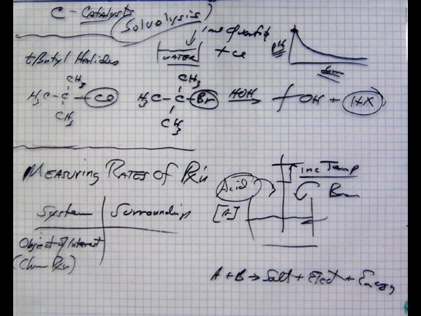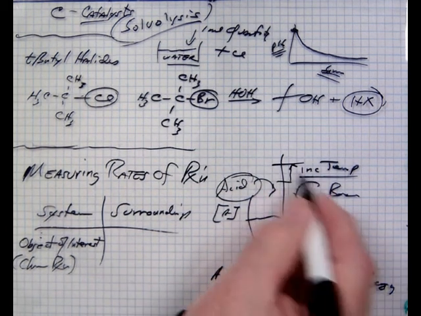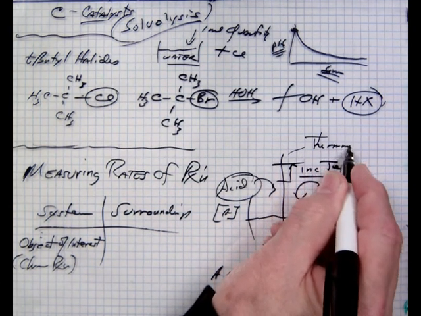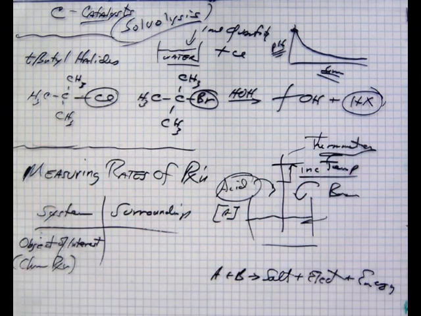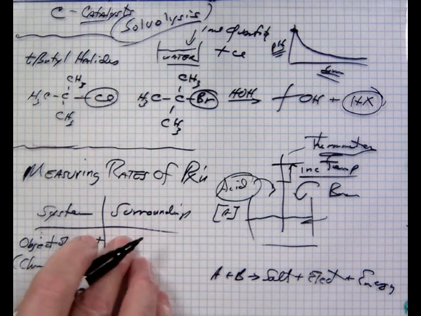Change in acid concentration over time gives us a rate. And we'll see how this works when we go to the lab, more than right here. But what you have in the detector, this thermometer, is a detector. It's a receiver of what the reaction is doing. And it is part of the surroundings.